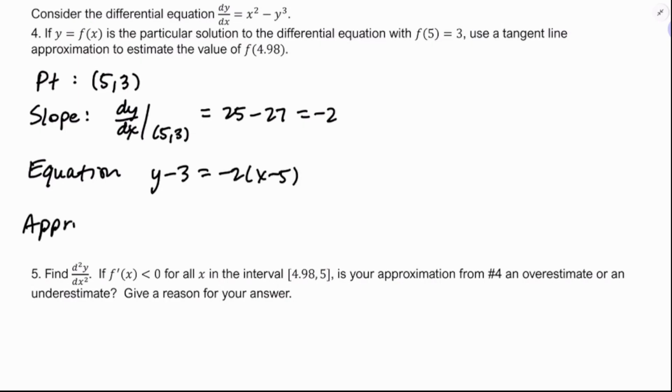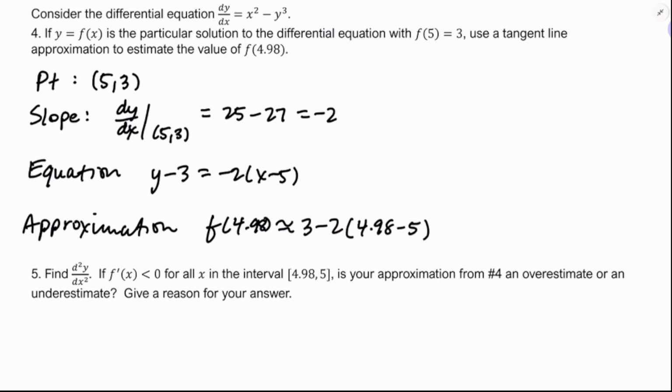So then the approximation is going to be, let's say, f of 4.98 is going to be approximately equal to 3 minus 2 times 4.98 minus 5. Okay, and I'm going to simplify this. Negative 0.02, so if I'm subtracting 2 of those, I'd be adding 4 cents, so that's 3.04.